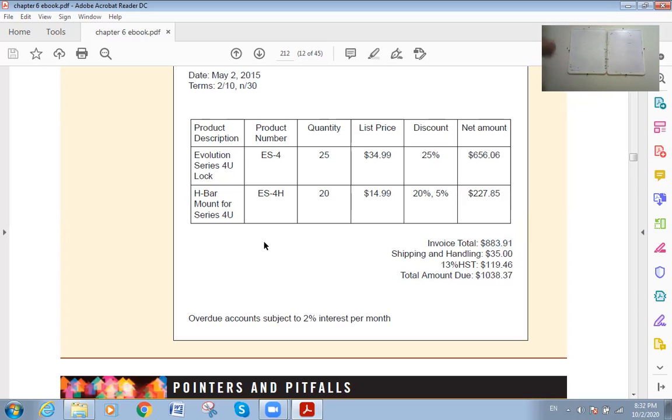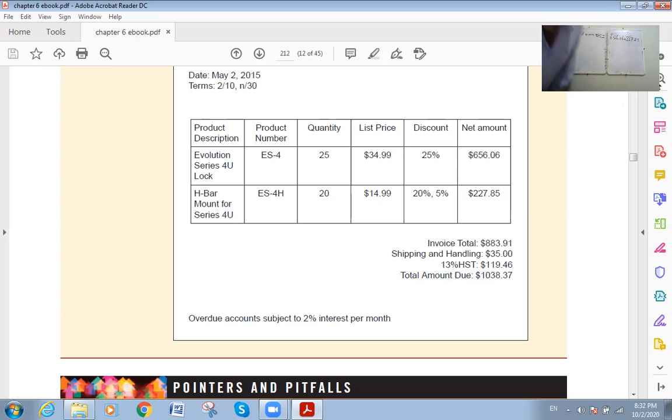The total invoice will equal the first amount, 656.06, plus the second amount, 227.85. So this is the amount of the total invoice.